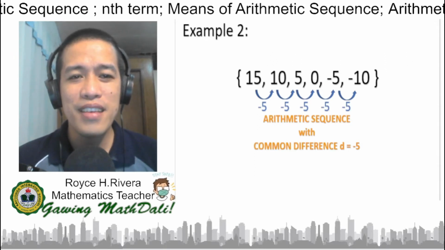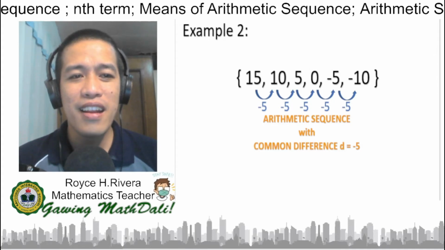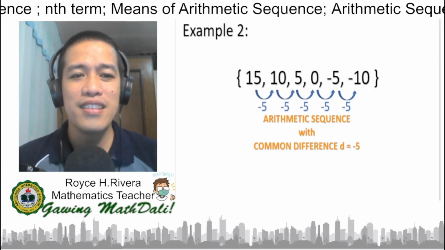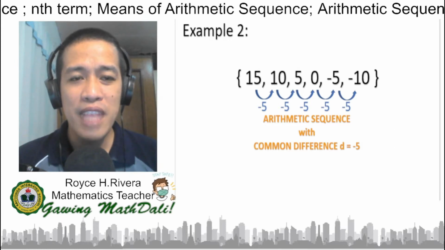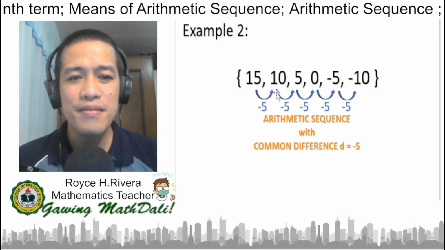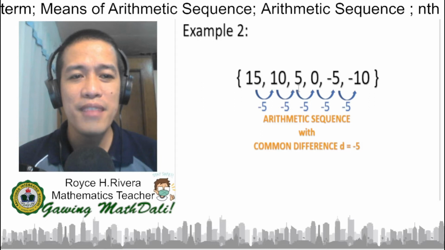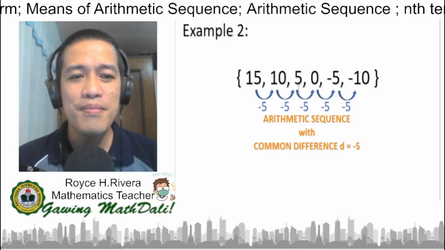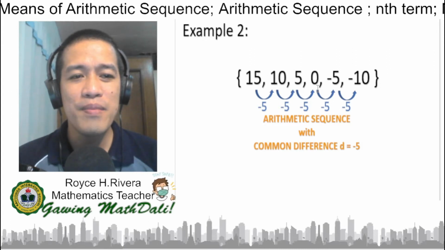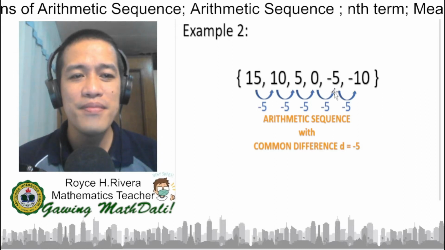Negative 5 is added to the first term and to the next term thereafter until we reach the last term of the sequence. So 15 plus negative 5 is 10. 10 plus negative 5 is 5. 5 plus negative 5 is 0. 0 plus negative 5 is negative 5.